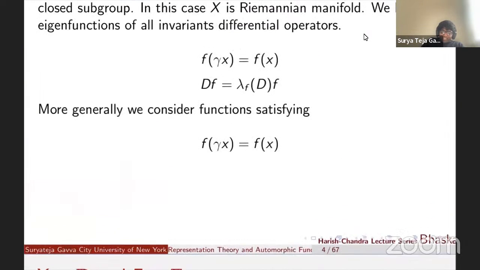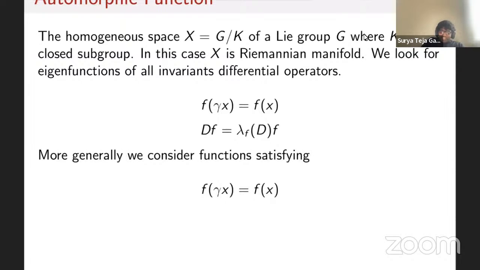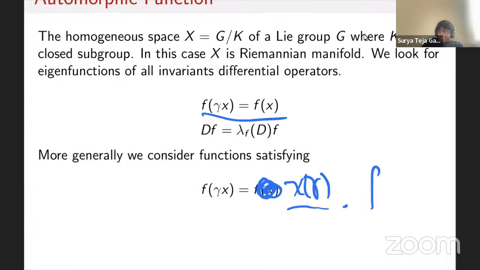Okay, so more generally, instead of just f of gamma x equals f of x, we also tend to put some extra factors here. It's okay to put some factors. Also, we'll see that later. So some chi of gamma or some extra factors times f of x.